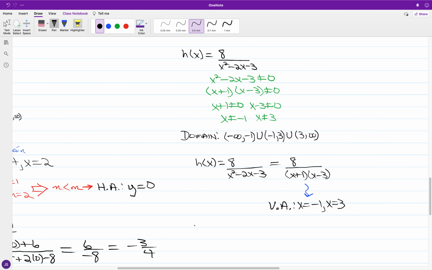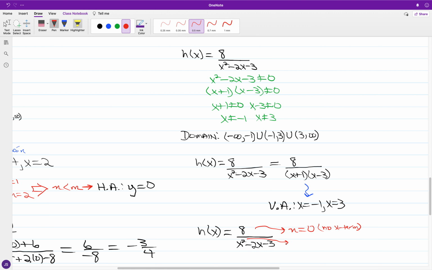I'll go ahead and tackle the other asymptote. For what we have in the numerator, there's no x term, so again n is equal to 0.